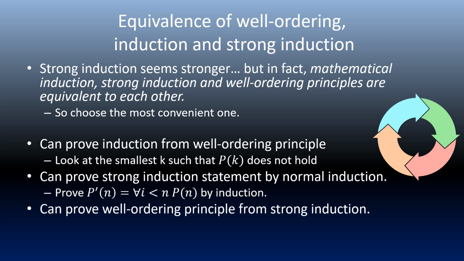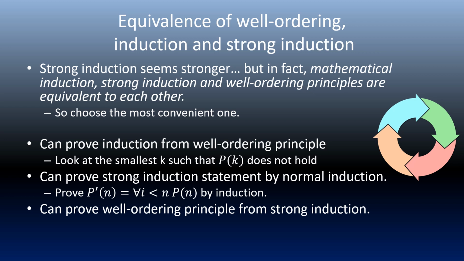So for example, you could prove induction from the well-ordering principle, and we kind of went over it by saying that it's sort of the proof by contrapositive of the induction step and basis of induction. There is a smallest number where the predicate doesn't hold, either the basis of induction, or we could show that if P of k plus 1 doesn't hold, then P of k doesn't hold.